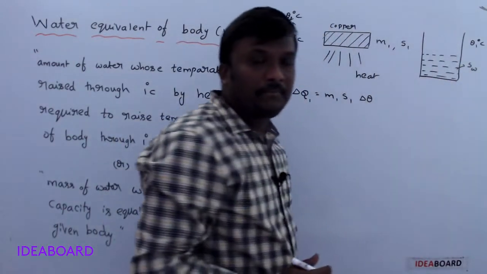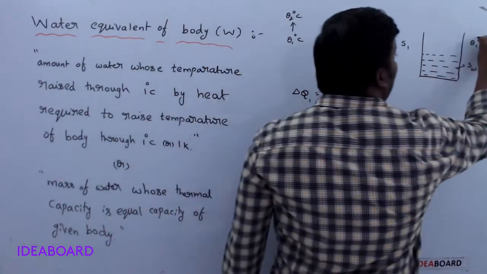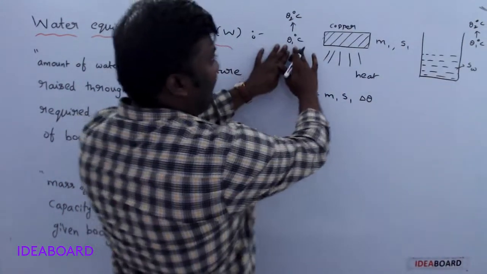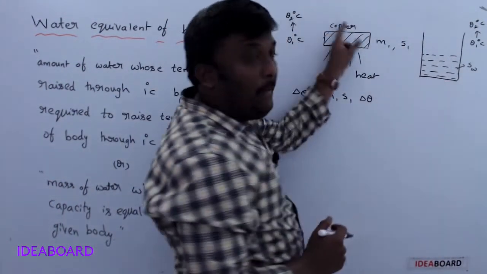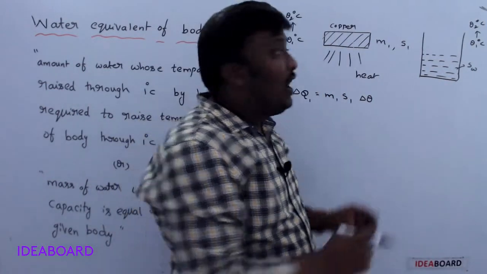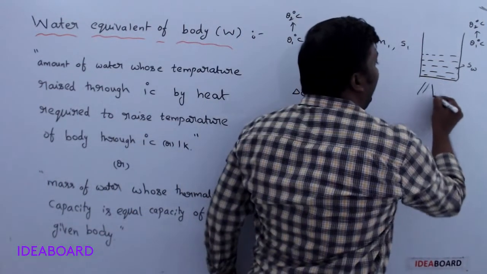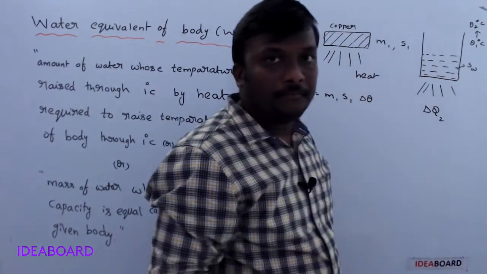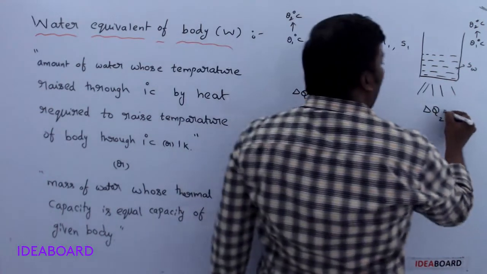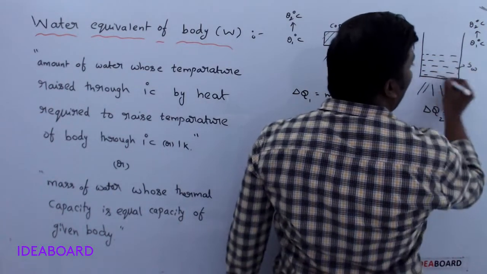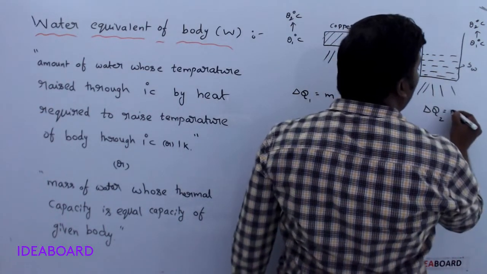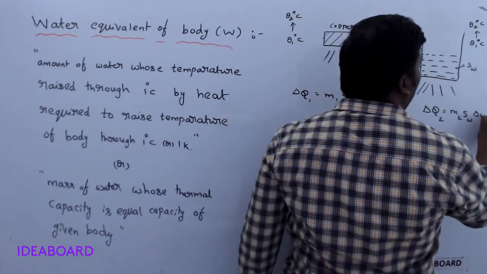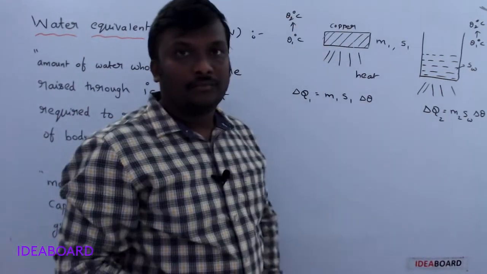Now to raise the temperature from theta 1 to theta 2 degree Celsius, similar to the material, the amount of heat given is delta Q2, which is equal to the mass of water, taken as m2, times specific heat of water, times delta theta.